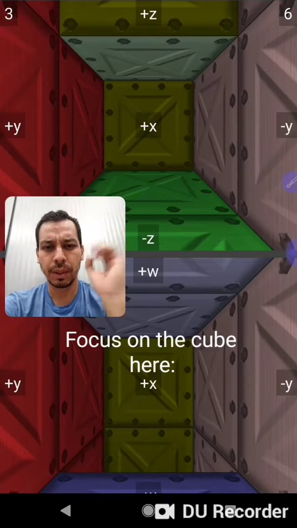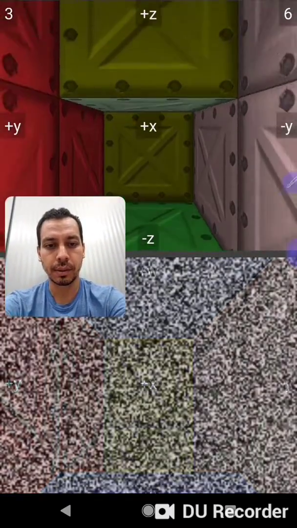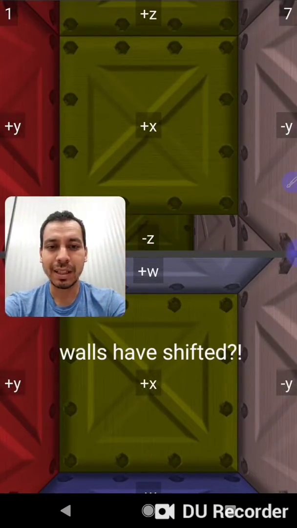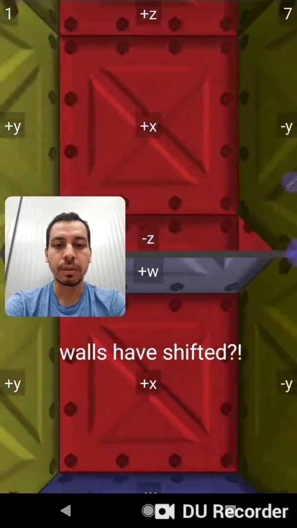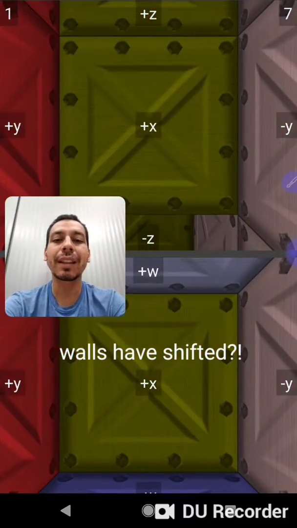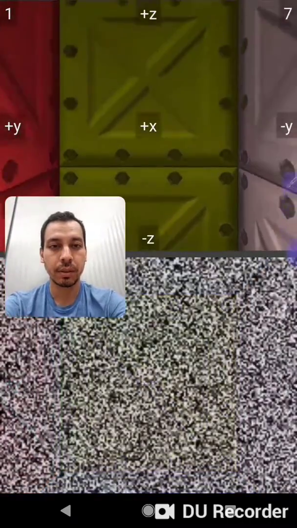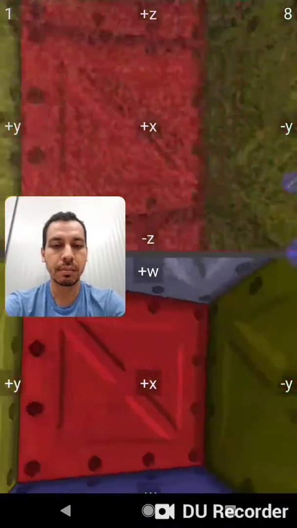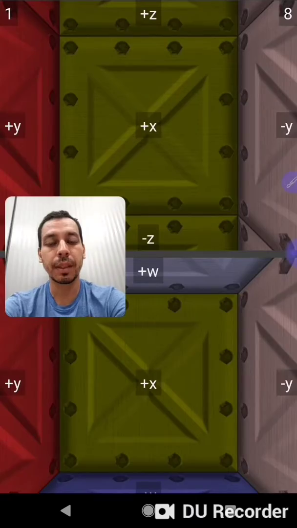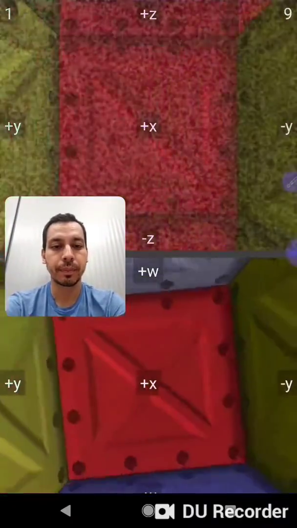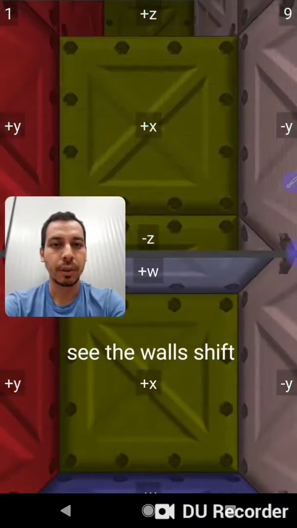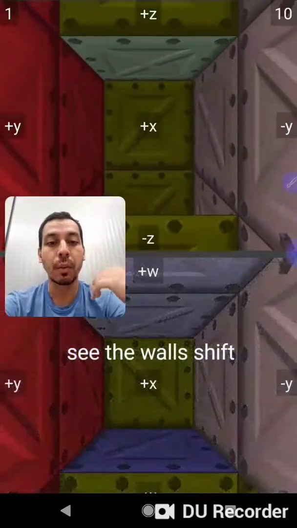And if you keep that in mind, watch this. We're staying in the same spot, but now it just looks like the walls have shifted, right? You don't notice the shift there because it looks the same, and then the walls shift again.